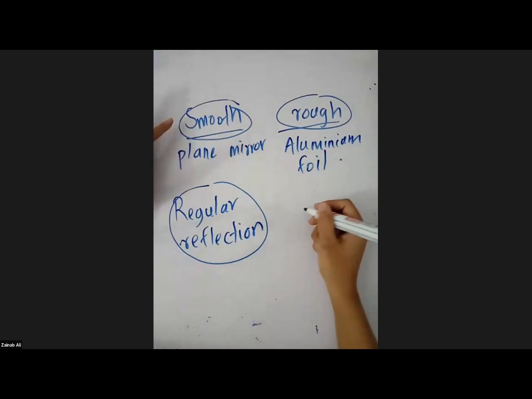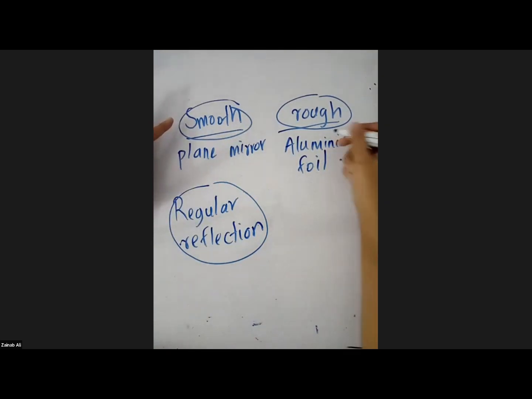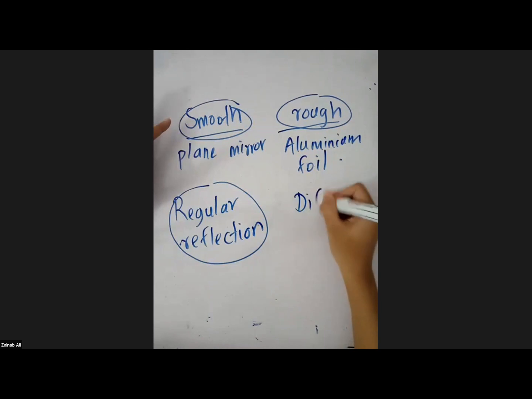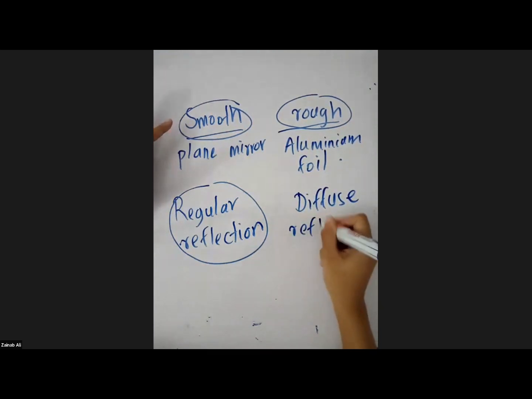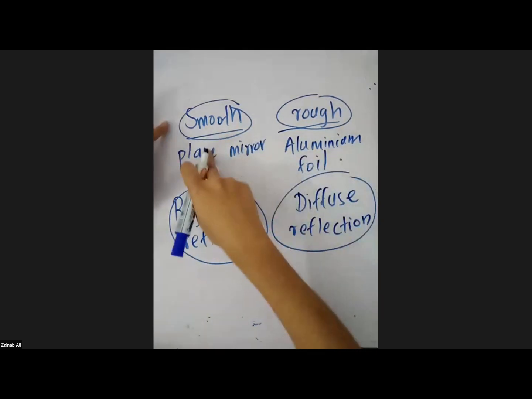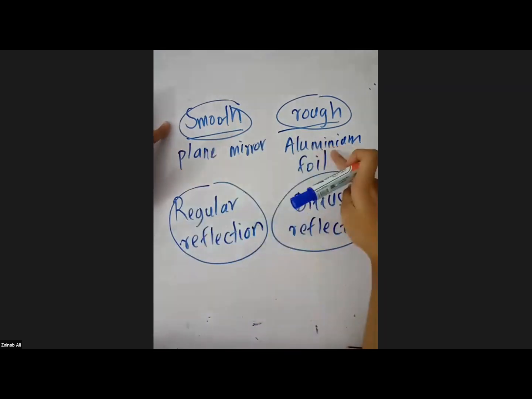The reflection that occurs in a rough surface, you call it diffuse reflection. So reflection can occur in smooth surfaces as well as in rough surfaces.